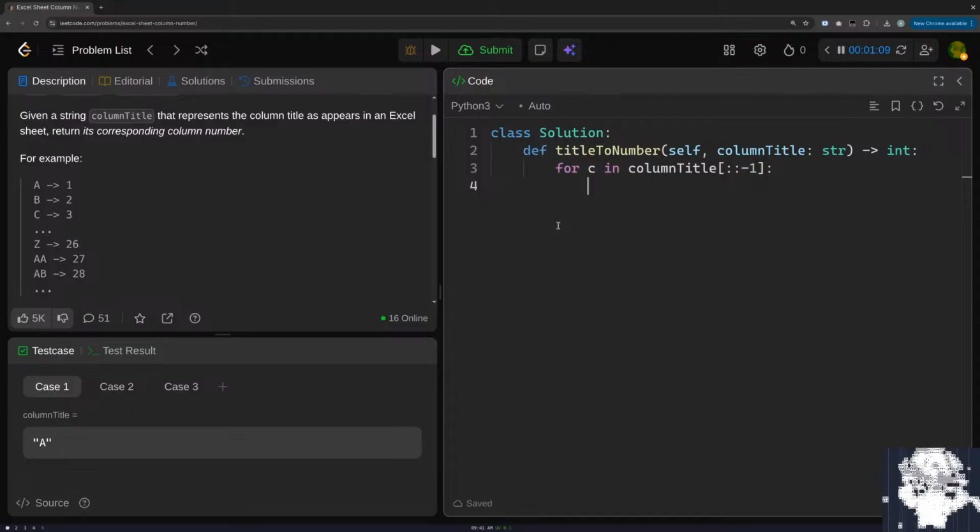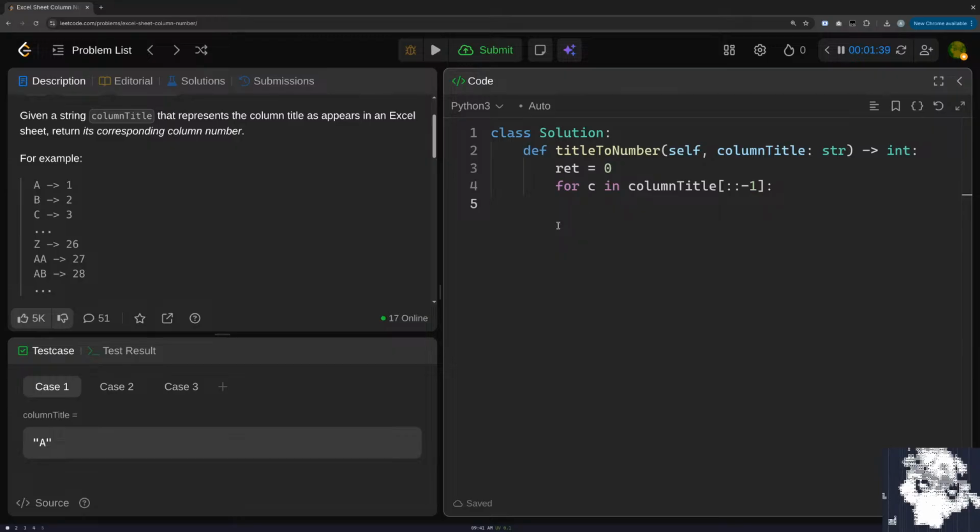This alien face operator means from start to end because I didn't put in the ranges, and then by -1, which means it iterates over -1 characters each time, which just means goes backwards. So for the characters in reverse order, let's store our return value started at 0.